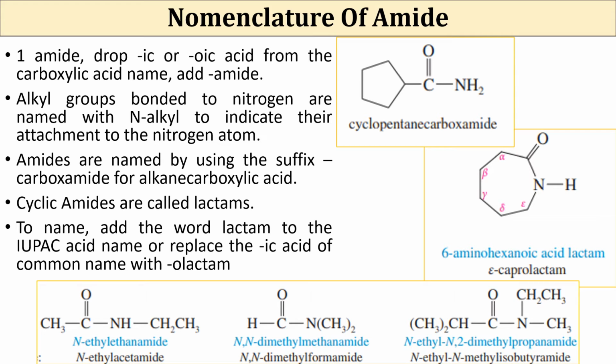For secondary and tertiary amides, treat the alkyl groups on nitrogen as substituents and specify their position by the prefix N. Amides are named by using the suffix carboxamide for alkane carboxylic acids. Cyclic amides are also called lactams. To name cyclic amides, add the word lactam to the IUPAC acid name, or replace the -ic acid of the common name with -olactam.